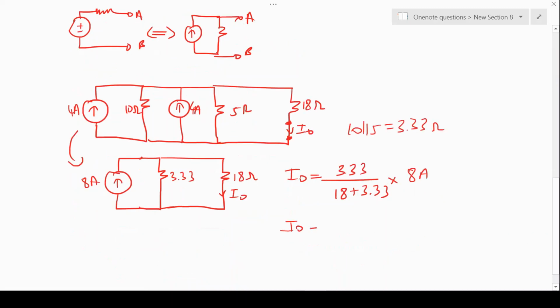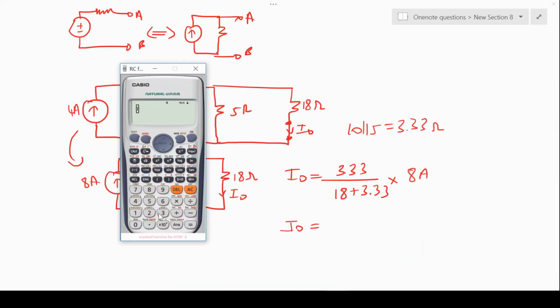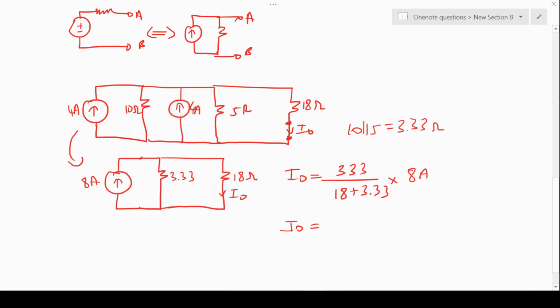So I0 should give you 3.33 over 3.33 plus 18, which is 11 plus 7, multiplied by 8. That gives us a value of 1.248 amps.